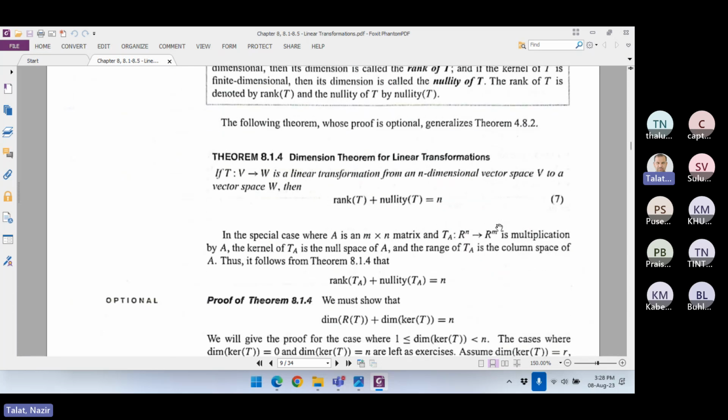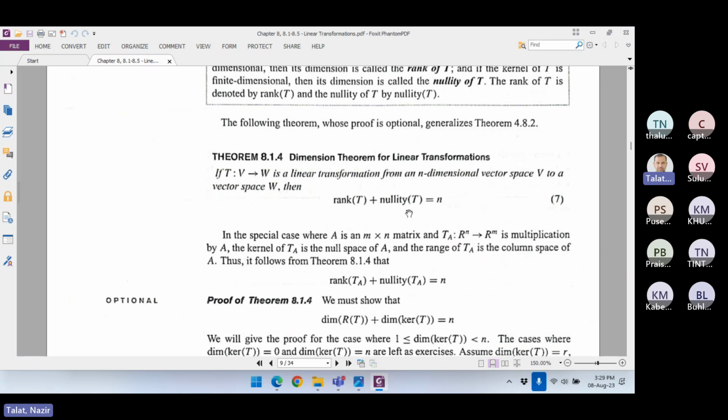And this is also the pillar formula of linear algebra. In that case, the nullity of T plus rank of T is equal to n, where n is the number of columns of T, or n is the dimension of the vector space V. So this is the important formula, and this is also related to nullity plus rank equal to n for matrices, as you saw before.